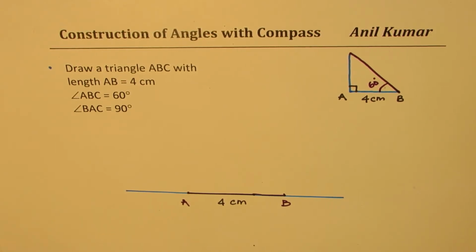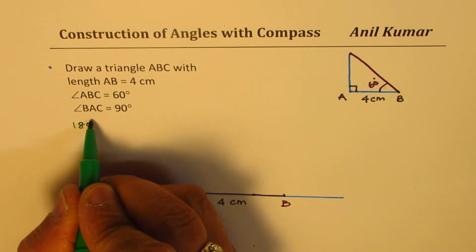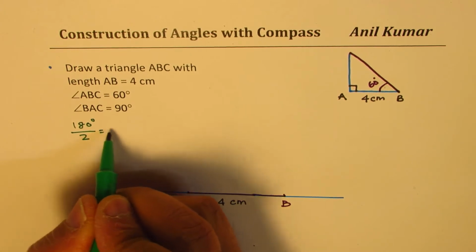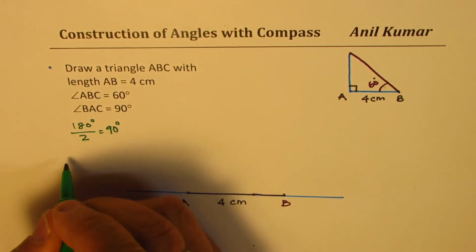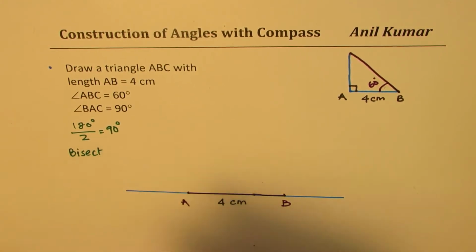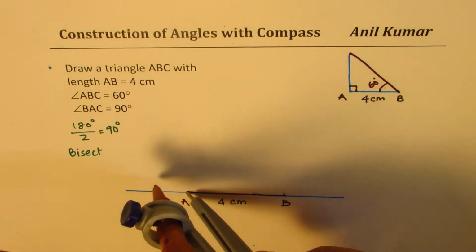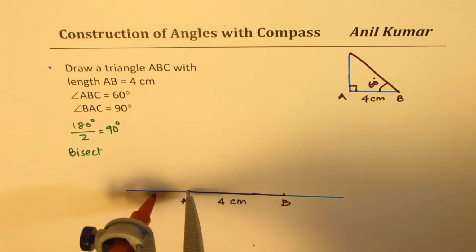Now we need to draw an angle of 90 degrees at A. How do you get 90 degrees? 90 degrees really means 180 degrees divided by 2, right? So we have to bisect this angle. So let's bisect. To bisect, we'll actually make an arc here, a semicircle you can say, right?